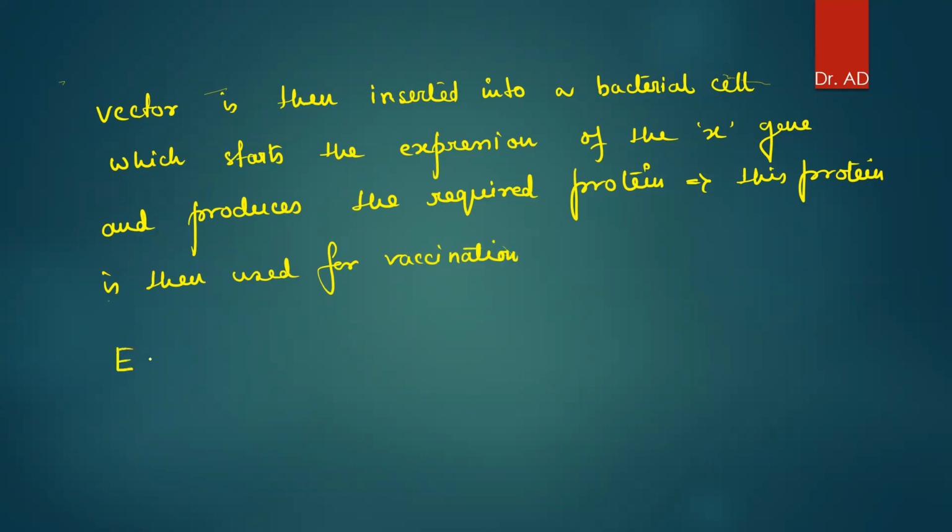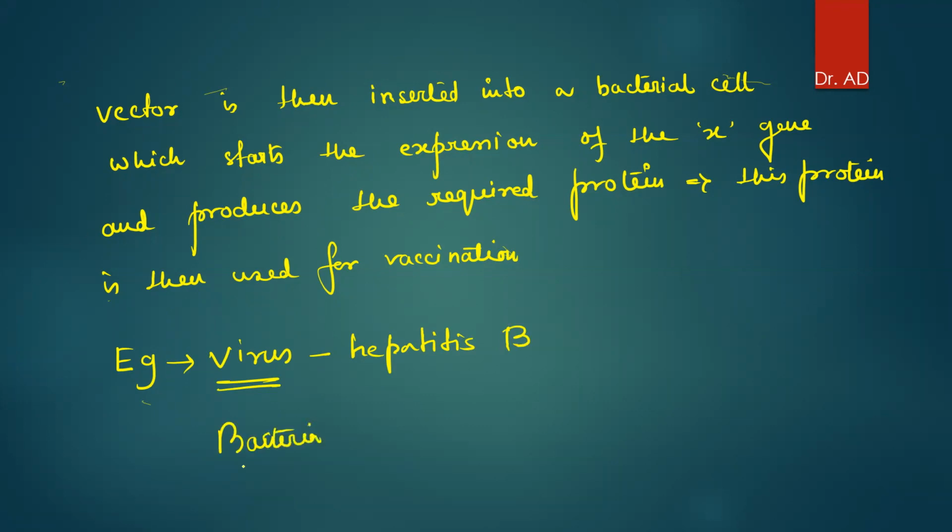Okay, now let's talk about examples. The pneumonia and meningitis vaccines, these are bacterial ones, and the virus example I have already told you. From viruses, hepatitis B, and from bacteria, meningitis, then pneumonia.